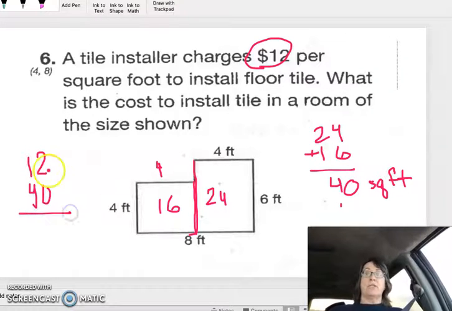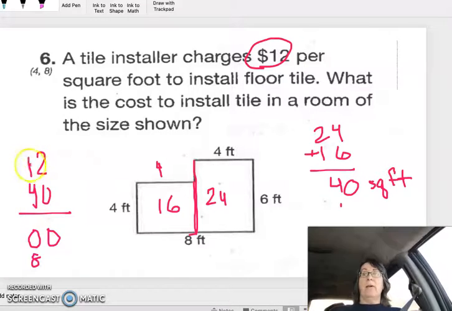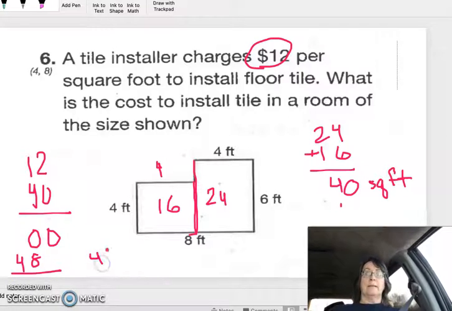And that's going to give us 2 times 0 is 0. And another 0. And then we're going to have 2 times 4 is 8, but I move 1 in because that's 4 tens. 1 times 4 is 4. So that's 480. $480 to tile the room.